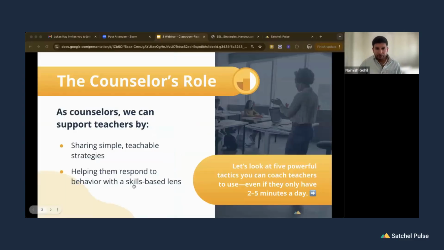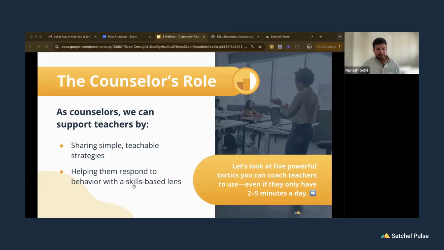As I touched on, we're really going to be looking at it from a counselor perspective. We know counselors today are stretched, and if we really want to make a difference and really move the needle across the school building or the school district that we're working in, we know that we're going to have to get the support and buy-in from classroom teachers. They're the ones that are in the trenches.